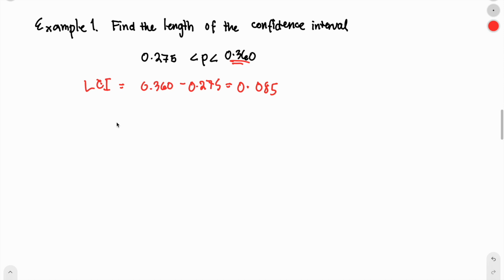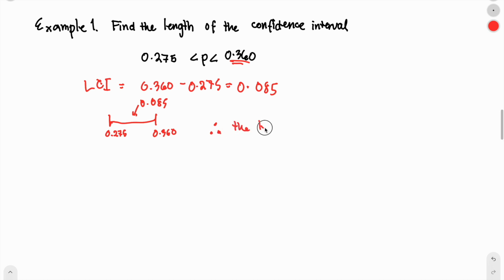So it tells us that the length of confidence interval from 0.275 to 0.360 is only 0.085.